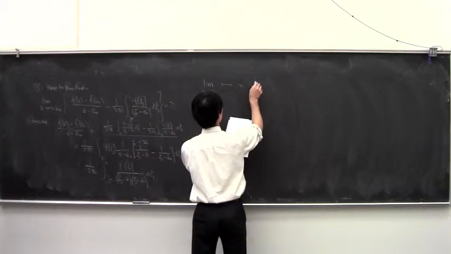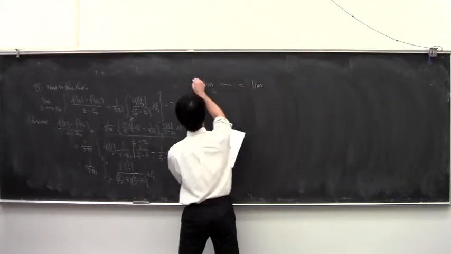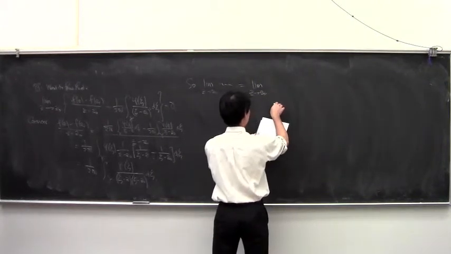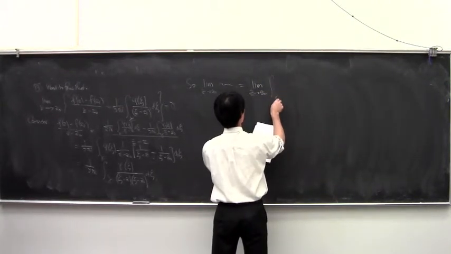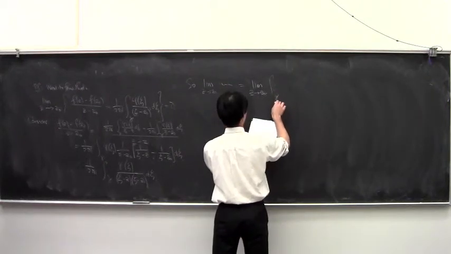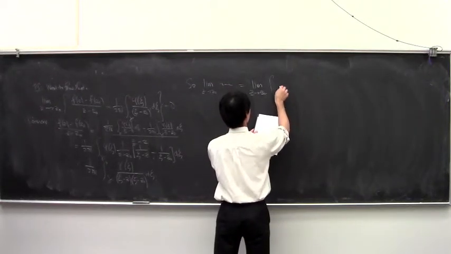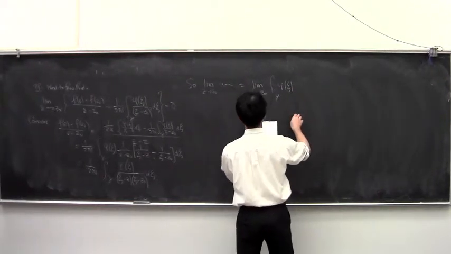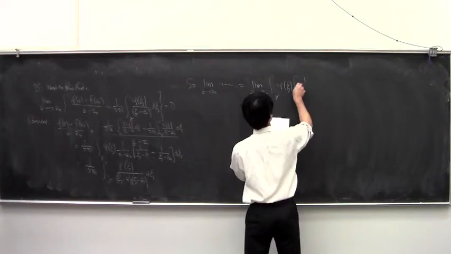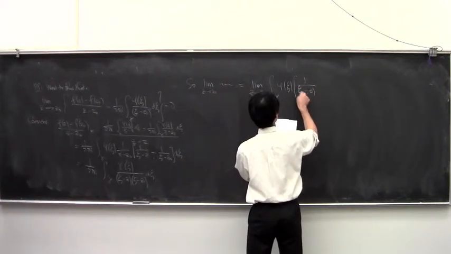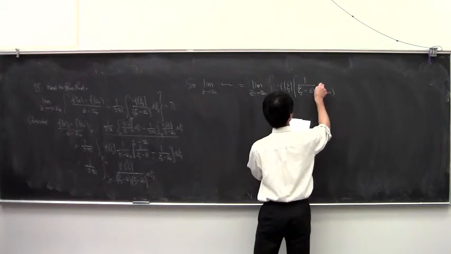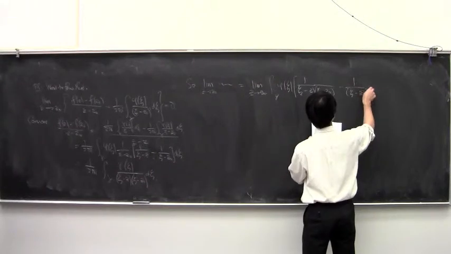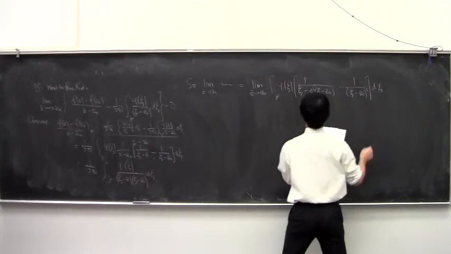We can write it as 1 over 2 pi i times the integral of phi of zeta over zeta minus z, zeta minus z naught, minus, again we're not doing anything, phi of zeta over zeta minus z naught squared d zeta.